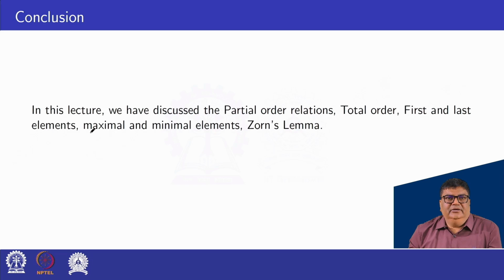In this lecture, we have discussed the partial order relation, total order, first and last elements, maximal and minimal elements, and Zorn's lemma. This is a very useful lecture. The contents of today's lecture will be applicable in the proof of the Hahn-Banach theorem.